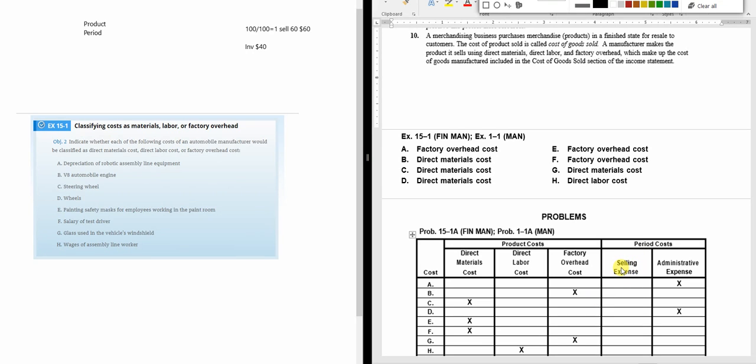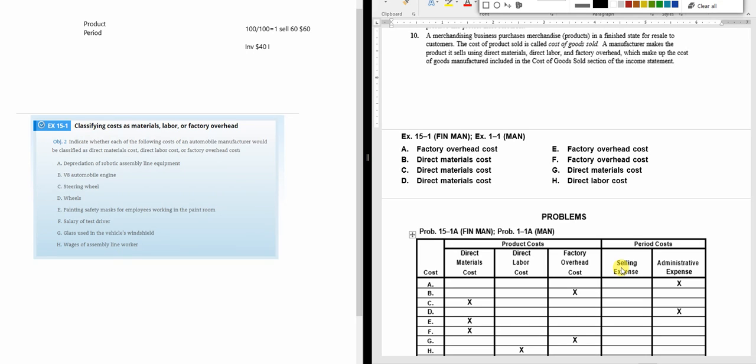But think about advertising. It's really hard to say, okay, I spent $100 or $1,000 on advertising. Which product did it sell? Especially if I do some advertising at year end. Did I sell the product in this year or next year? So it's really difficult to attach it to a specific product.